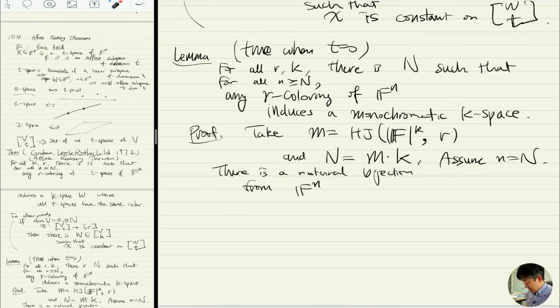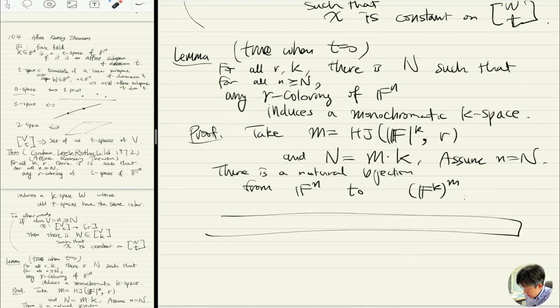So I can assume that n is equal to N. Well, I don't actually need it, it doesn't matter. So a natural bijection from F^N to (F^k)^M.